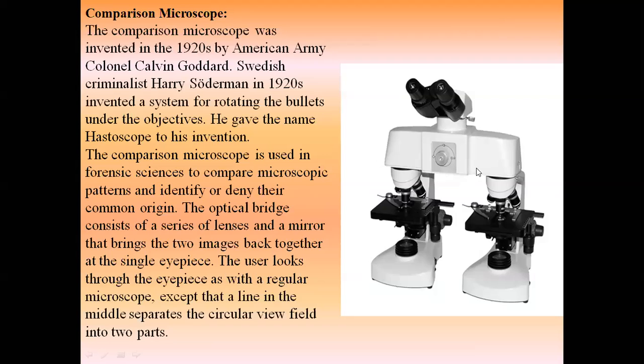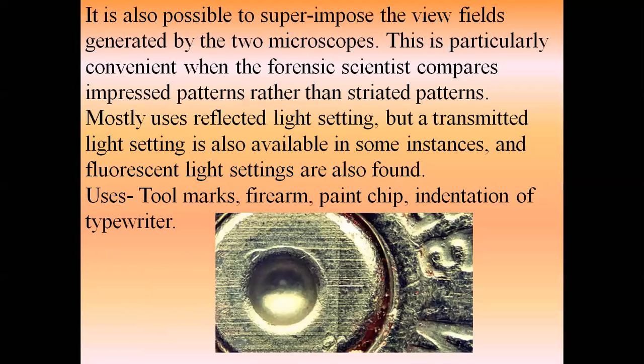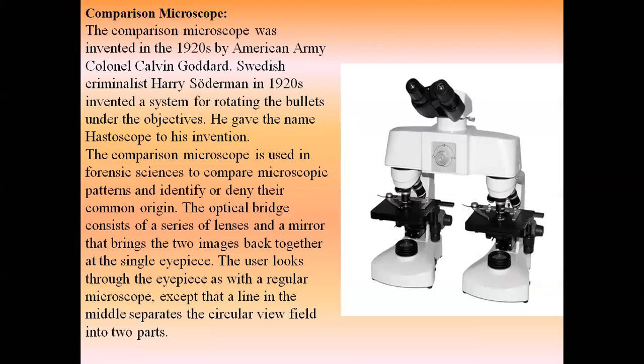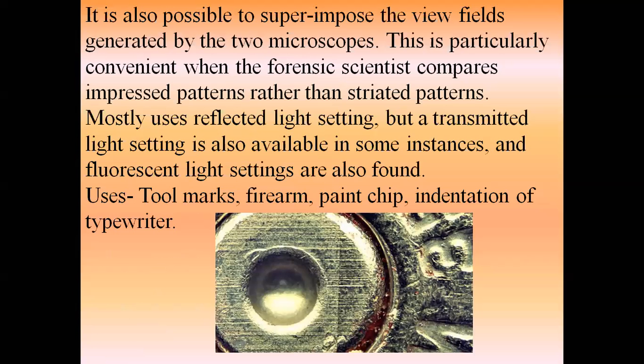Then again, the feature like superimposing, that means the image from one microscope over the other, cannot be done in this particular comparison microscope. But when you buy a high-end, very sophisticated microscope, then you have these kinds of features. Okay.